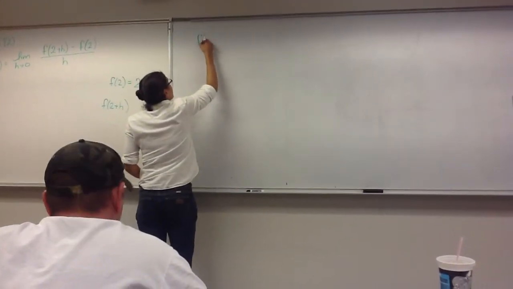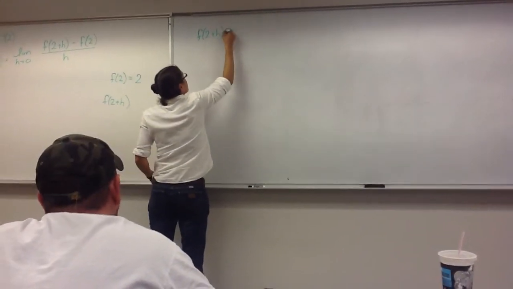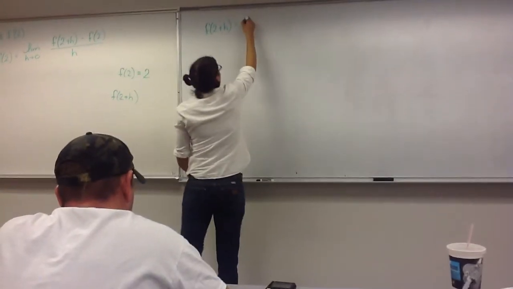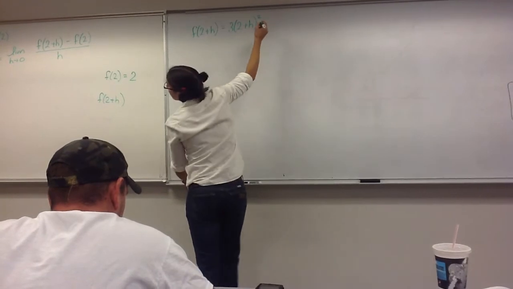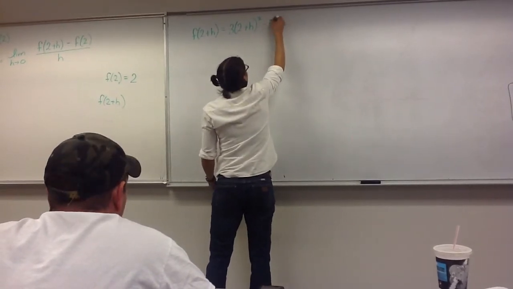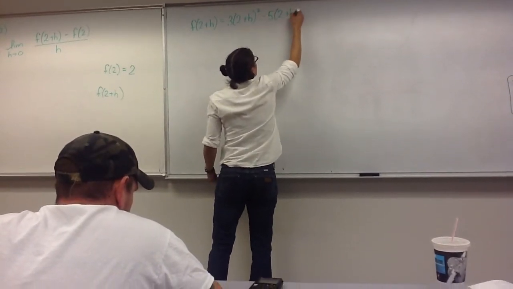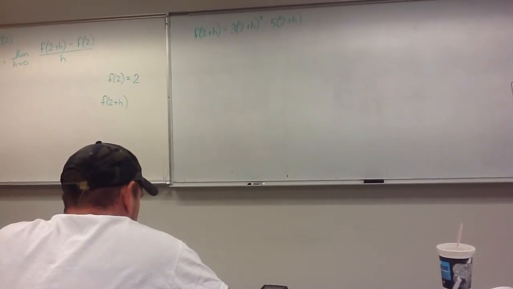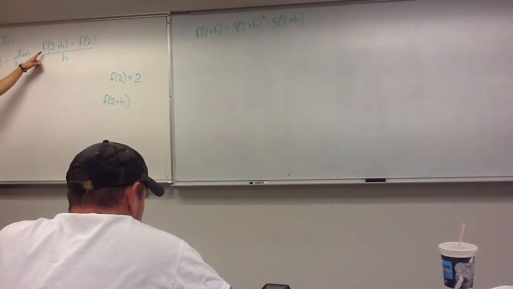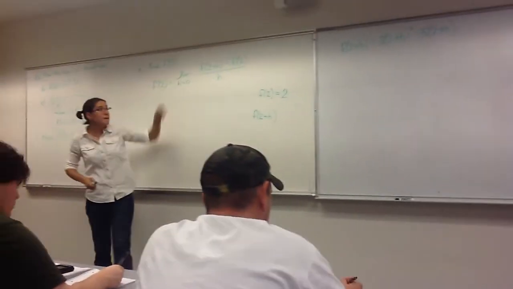Alright, so f of 2 plus h looks like 3 times 2 plus h squared minus 5 times 2 plus h. So this is work on the side, and we'll eventually fill it into our expression over here.